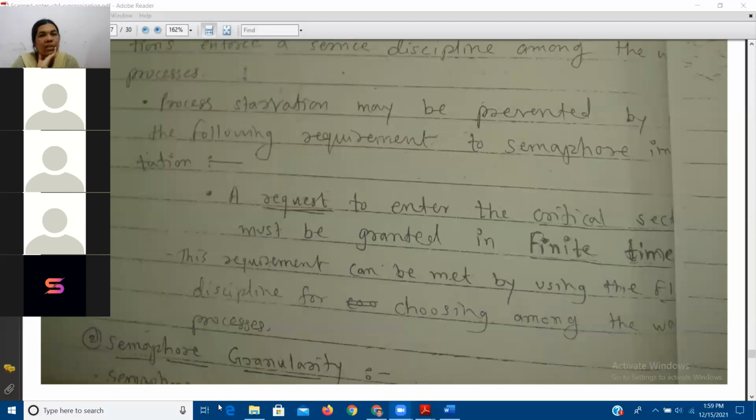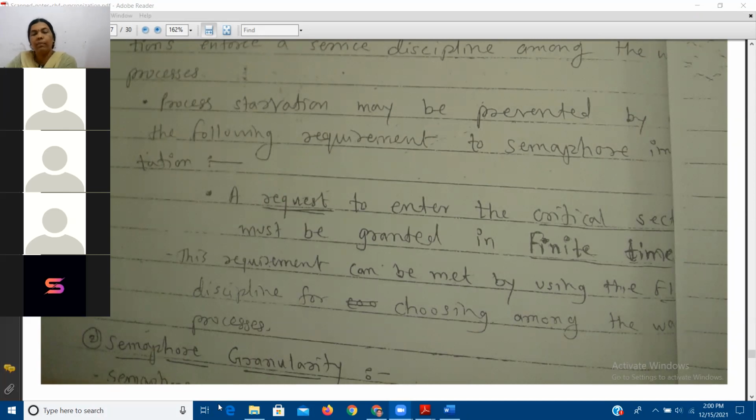A group of resources is used with the help of only one semaphore variable. For example, if there are 4 resources R1, R2, R3, R4, then for all the resources only one semaphore variable is used.